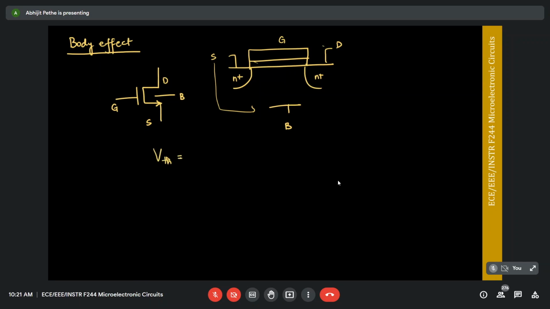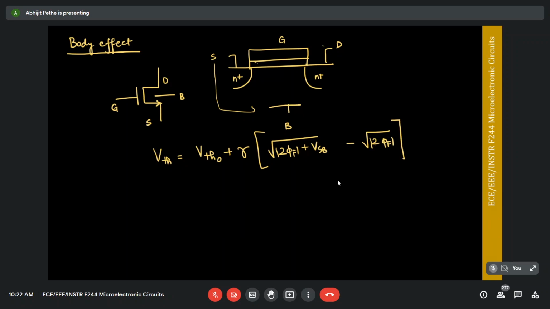So the new VT is given by VTH0 plus gamma times the square root of 2 phi f plus VSB, minus the square root of 2 phi f.